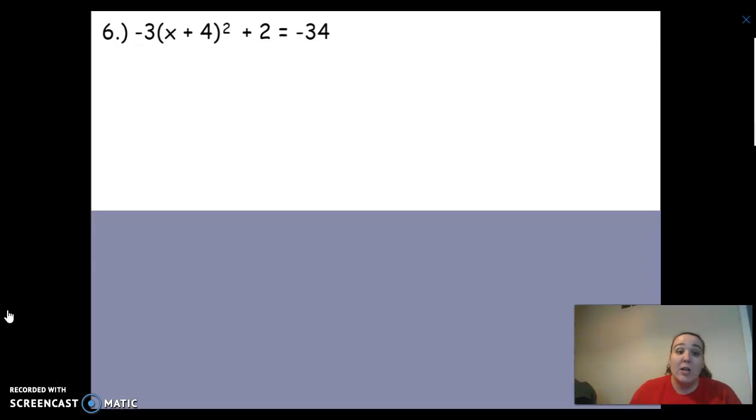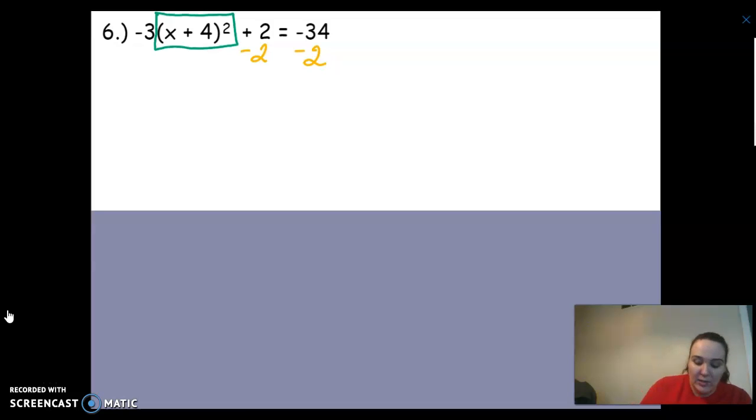So, looking here, the squared term is actually the x plus 4 squared. This is what we're going to get alone first this time. We do not distribute that negative 3. We're going to solve this equation just the same as we have been, meaning we're going to get rid of anything that's on the outside.